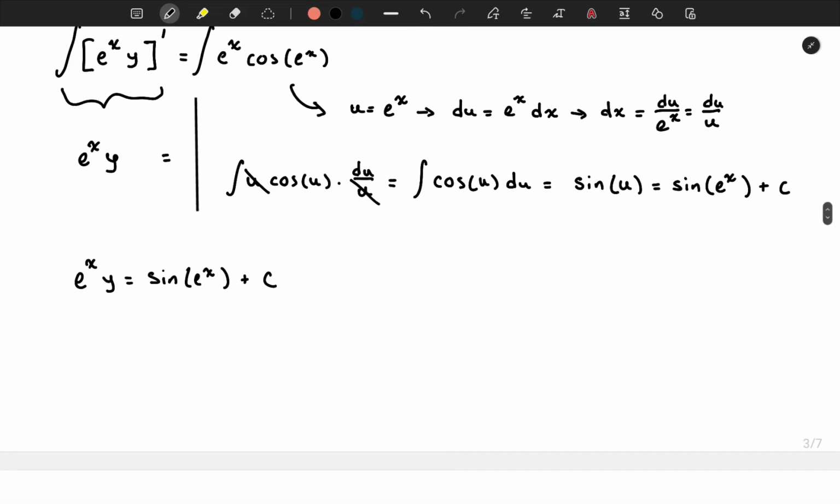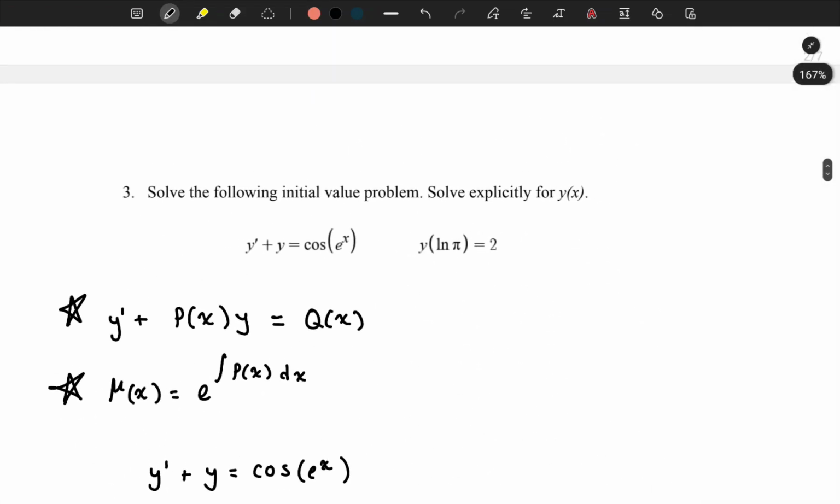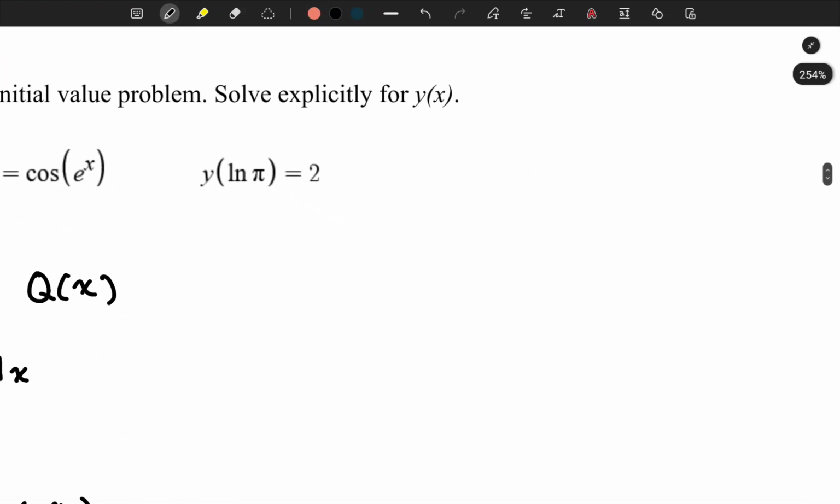Now what we have to do is actually find that c value. So how can we find that c value? Well, we are going to be using this piece of information right here. The y of ln pi is equal to 2. If we think about this, this is technically our x, and this is technically our y.